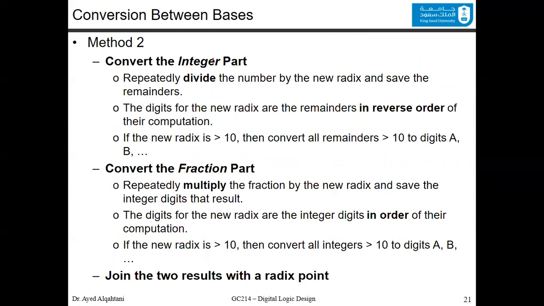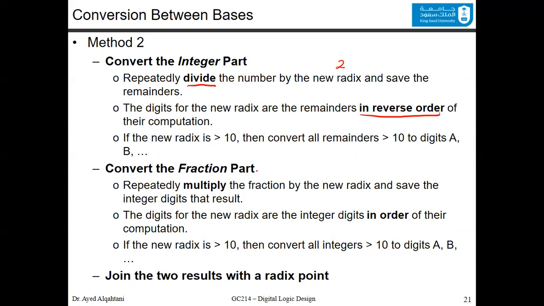To convert the integer part, you repeatedly divide the number by the power of 2. Or you repeatedly divide it by 2, the radix that you have, which is 2. And then after you get all the remainders, you record them in a reverse order to generate the binary representation.